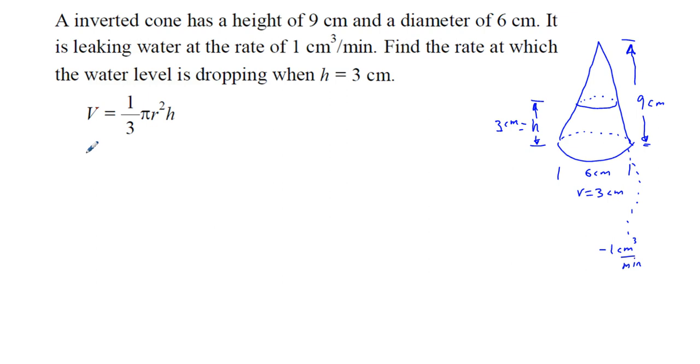Okay, and then we're trying to find the rate at which the water level is dropping. So we're going to call this dh/dt when h is equal to 3 centimeters.